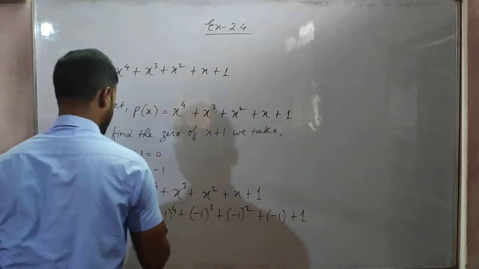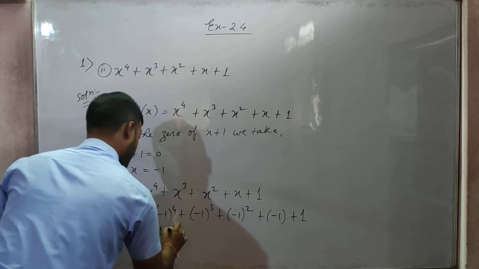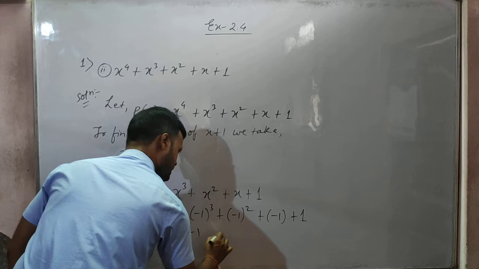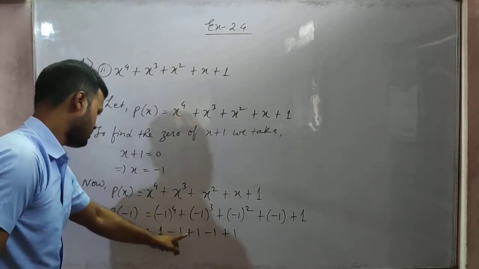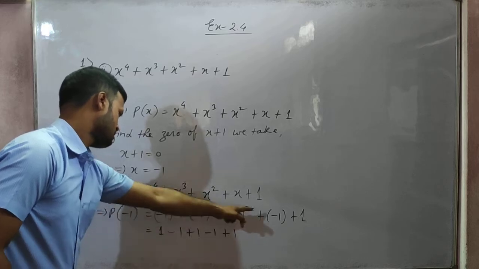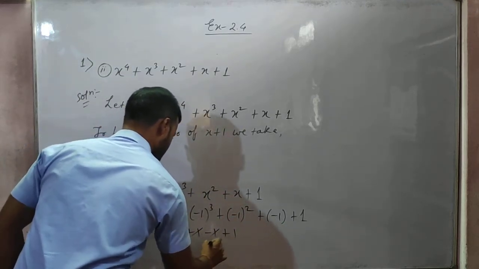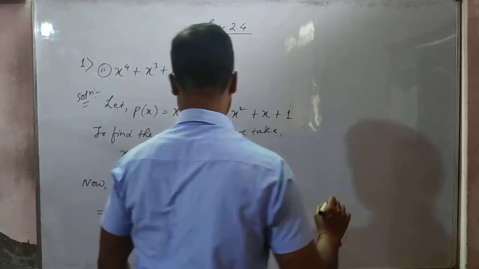So this will be plus 1, minus 1, plus 1, minus 1 and plus 1. Plus 1 minus 1 cancel, plus 1 minus 1 cancel. So what is the answer actually? 1.